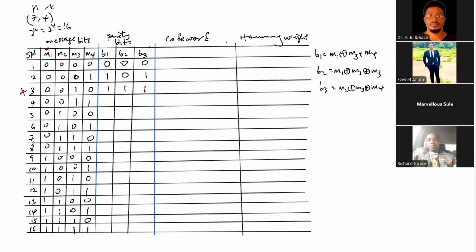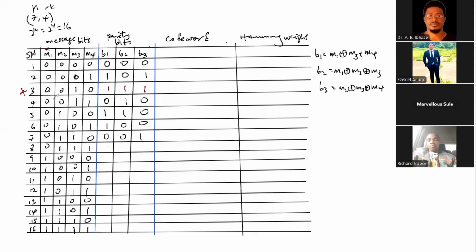It's clear now, sir. Okay, so that's what we're going to do for all others. So I think here we have 0, 1, 0. Then we have 1, 1, 0. Then we have 1, 0, 0. Then we have 0, 0, 1. Then for 8, that's 0, 0, 0. 1, 0, 1, 1, 1, 1.